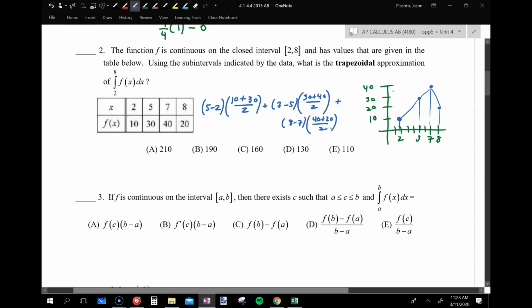And if we do that math and get those numbers, we're gonna get 160. Good. First 2 problems, not too bad.